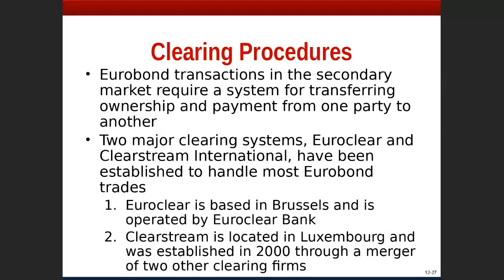What are the clearing procedures? In other words, when you sell a bond or when you buy a bond, how is that transaction handled? Well, Eurobond transactions in the secondary market require a system for transferring ownership and payment from one party to another.